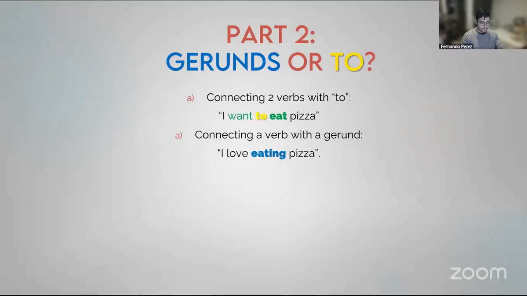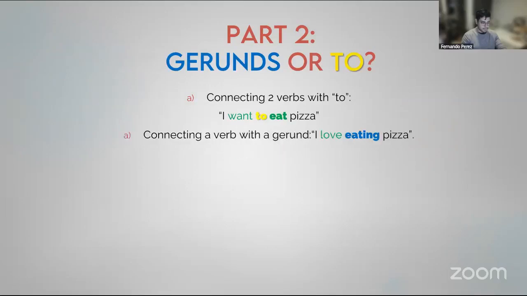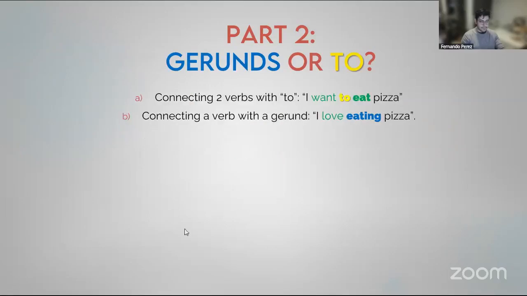Here we go. So there is a specific group of verbs that we need to memorize. There's not another way. That's the only way you need to think about that.